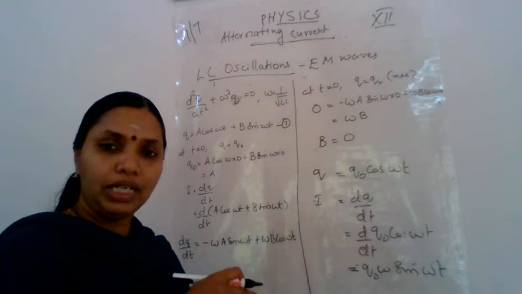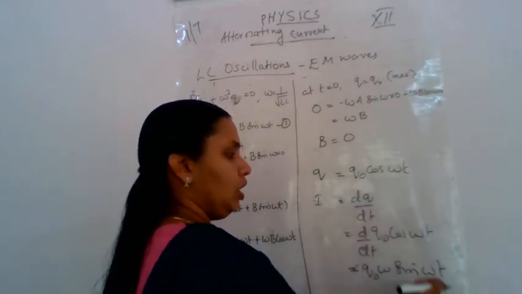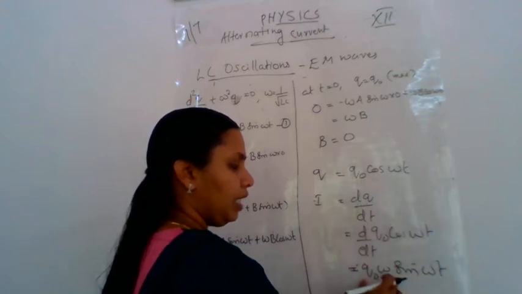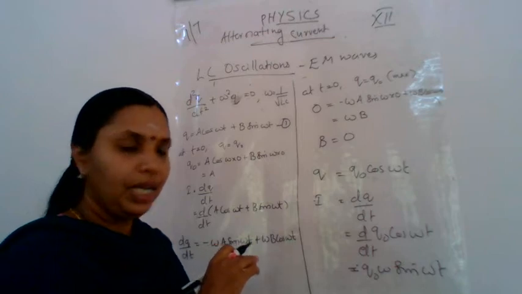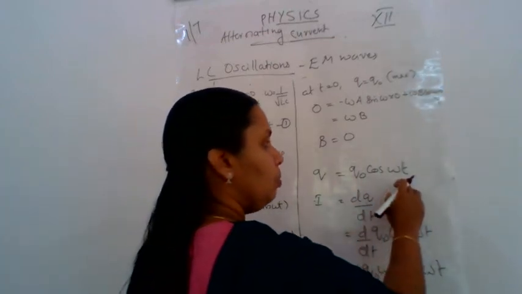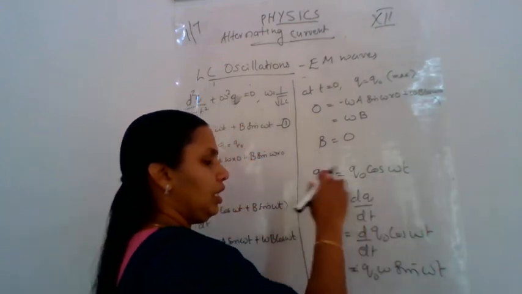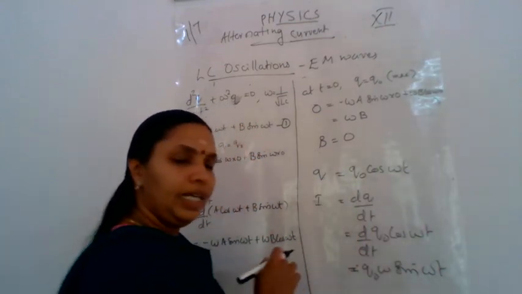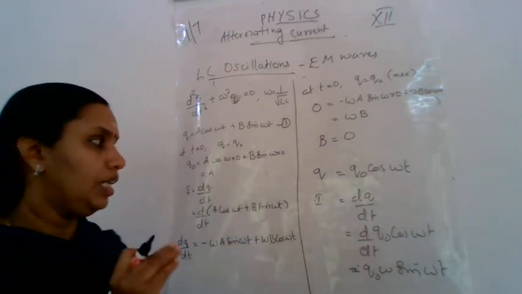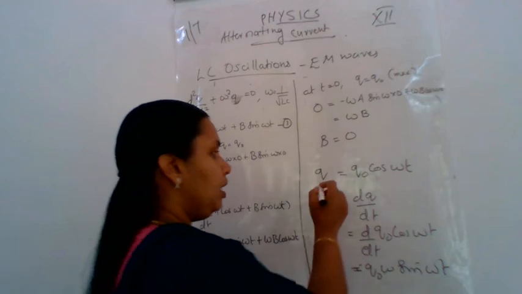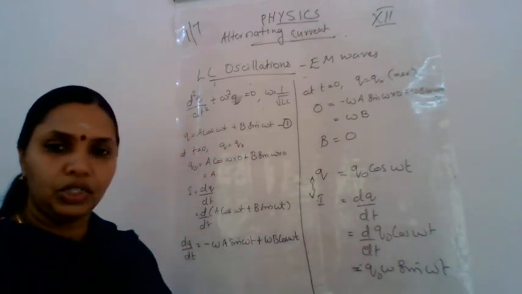So as time changes, at time t equal to 0 here, there is maximum charge. At t equal to 0, what happened to the current? This term becomes 0, the current becomes 0. Then when t changes, what happened to the cosine value? It decreases, accordingly the charge decreases, and here the current increases. So it is moving with a phase difference, what we studied in the last session. So current maximum, charge minimum.